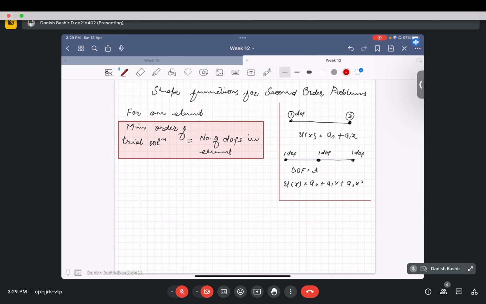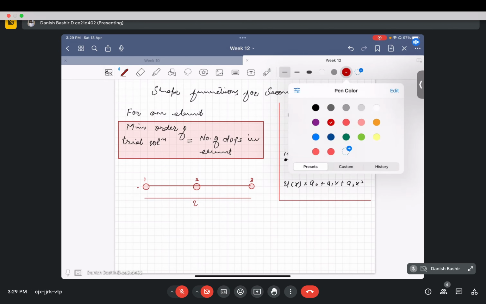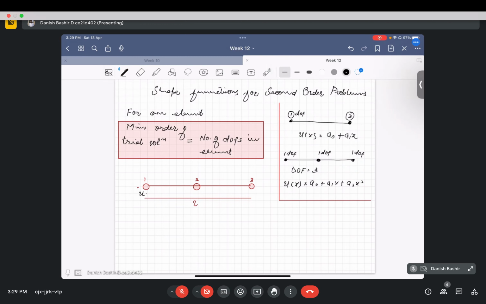So now we are taking an element like this, which has three nodes: node 1, node 2, node 3. The total length of the element is L. For the polynomial approximation, the nodal degrees of freedom are u1, u2, u3.